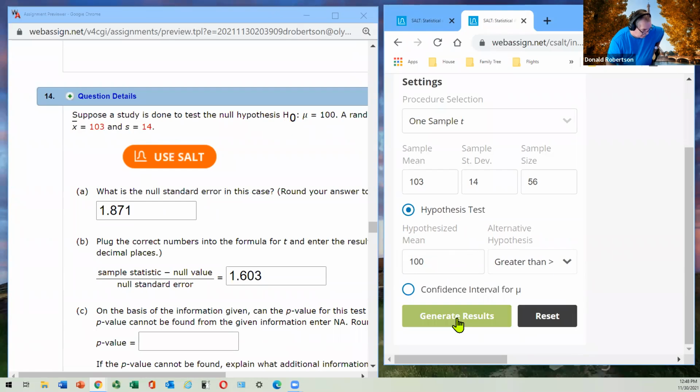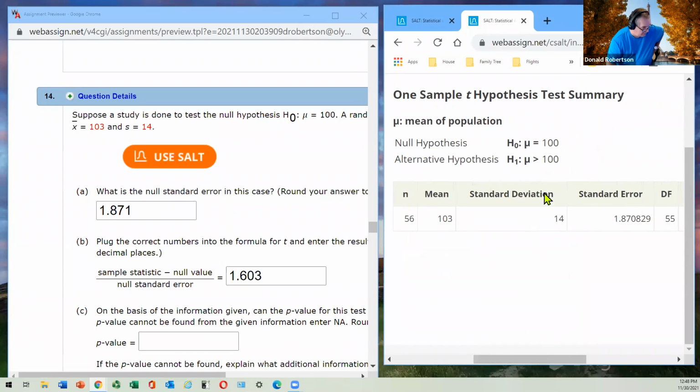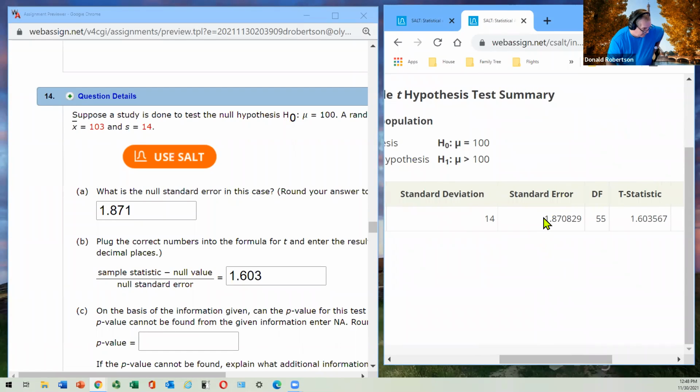Now, when I do generate results, equal to 100, greater than 100. Now, if we look at the standard error, can you see that 1.871? See, it matches. If you go to the t statistic, can you see it's that number there?